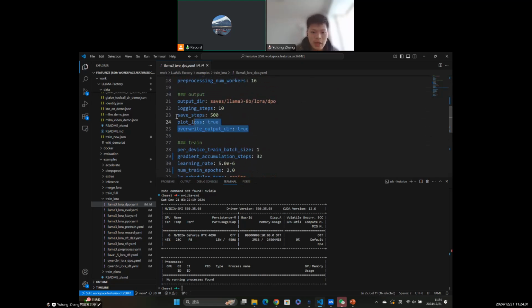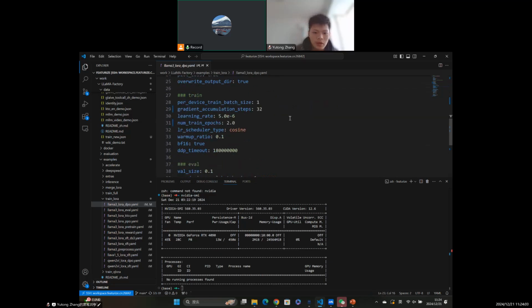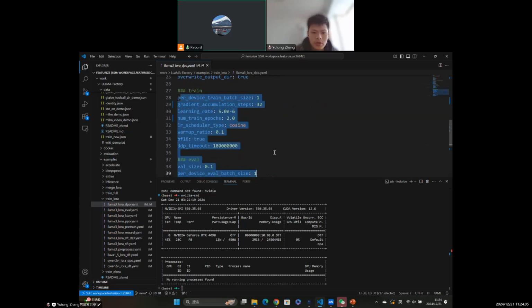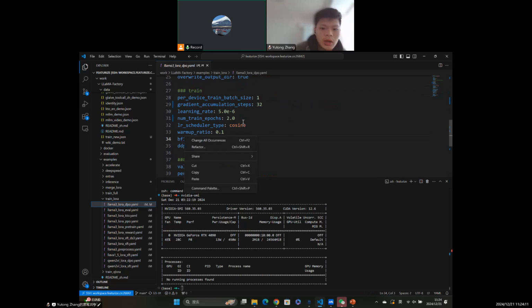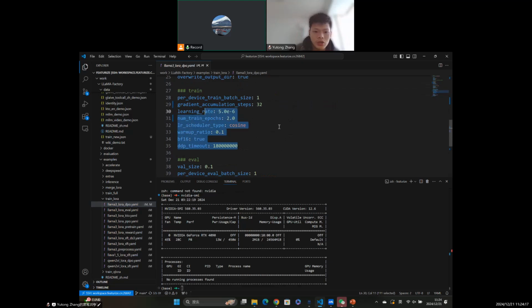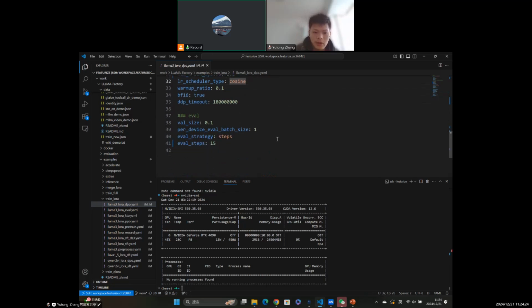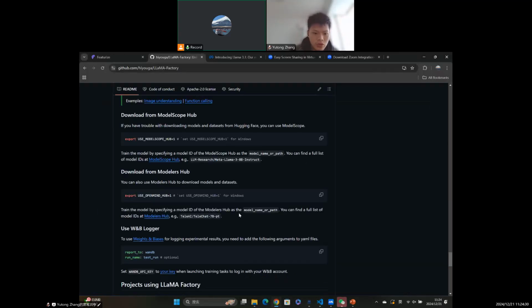We can see that it has many parameters and annotations, so you'll know what to do even if you are new to these algorithms. You can change the batch size, the training epochs, and the validation size here. And I can show you how to train this.